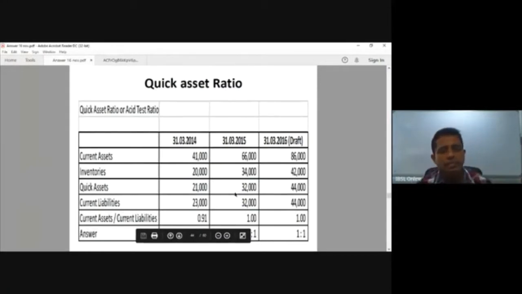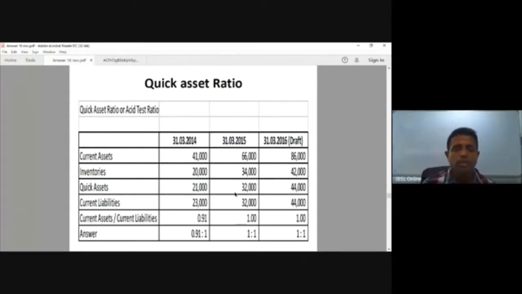Deduct the inventories from the current assets, and you have quick assets, then compare it with the current liabilities. When you calculate, for one current liability, you have 1 quick asset, in all 3 years. Very acceptable.